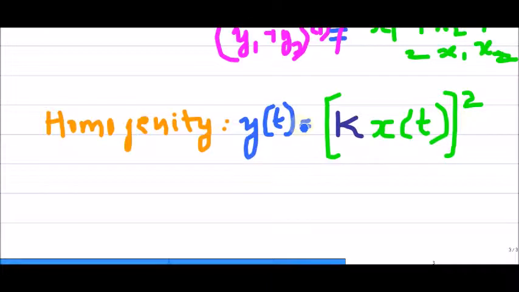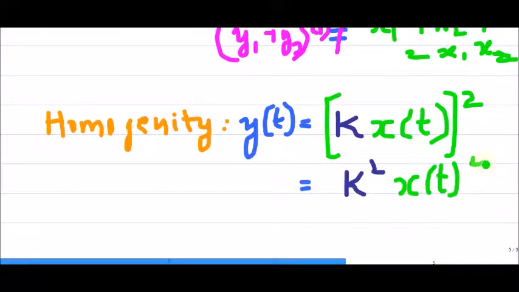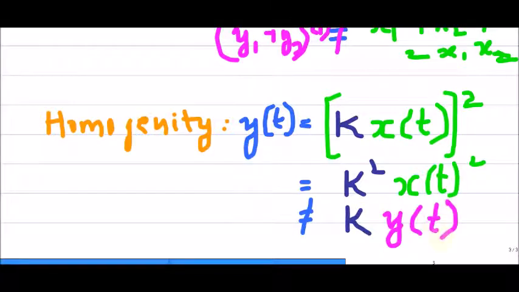Now let us expand this and see what we get. As is clear here, this is not equal to the scaling of the output by k. Instead, here it is scaled by k squared. So the system is not homogeneous in this case.